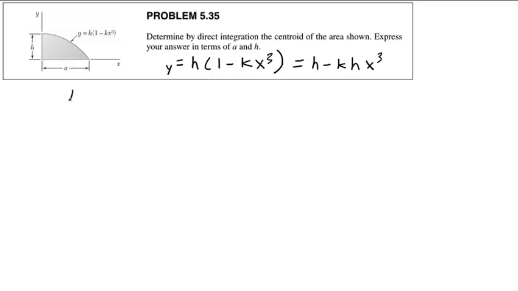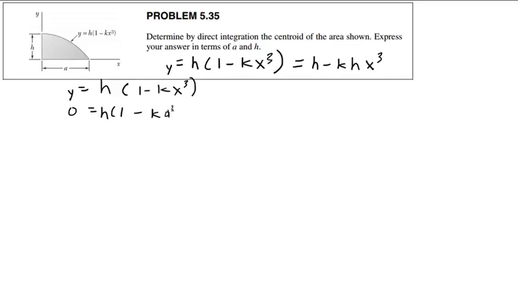Now, we know that y equals h times 1 minus k x to the third. We need a point, and I know one point on this graph will be (a, 0). So everything needs to be in terms of a and h. So 0 equals h times 1 minus k a to the third, and I'll put the h in there so people don't ask me where it went.